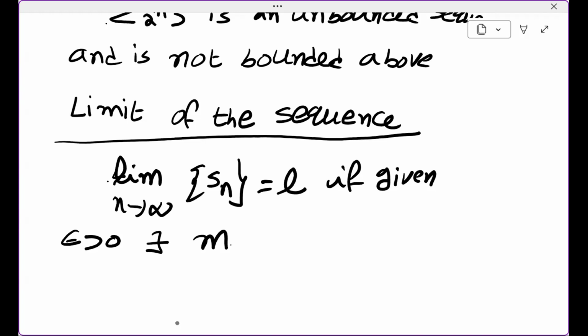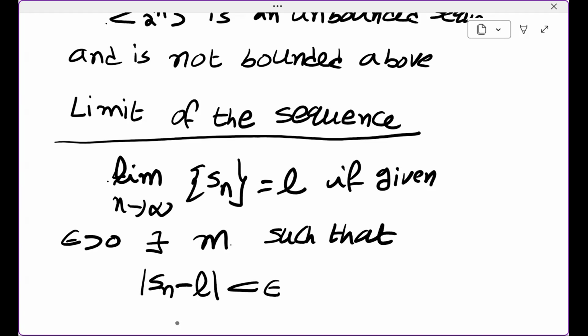Anyway, there exists M such that Sn minus L is less than epsilon for all n greater than or equal to M. Whatever it may be, we'll get the same answer.